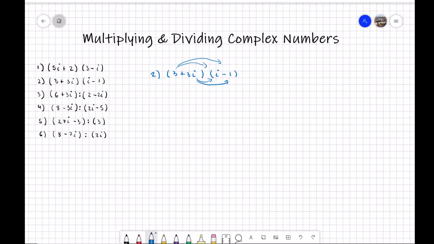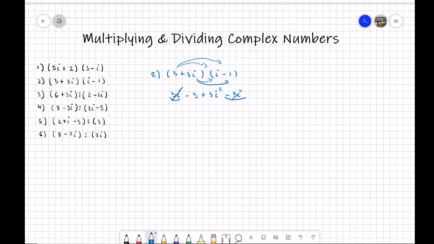So you end up with 3i minus 3 plus 3i squared minus 3i, right? So now we add the imaginary numbers together and we end up with 0 imaginary numbers, right?